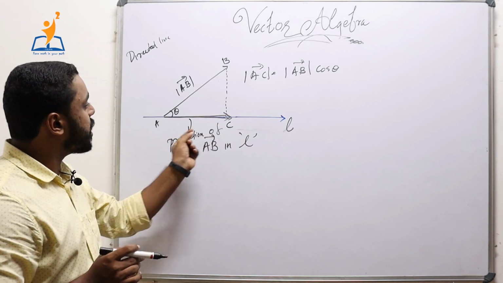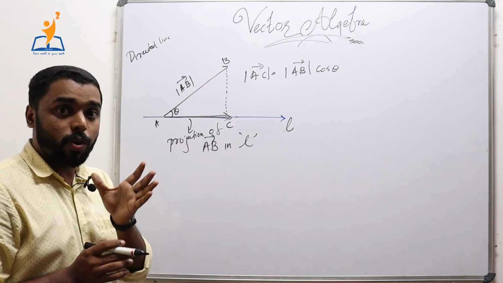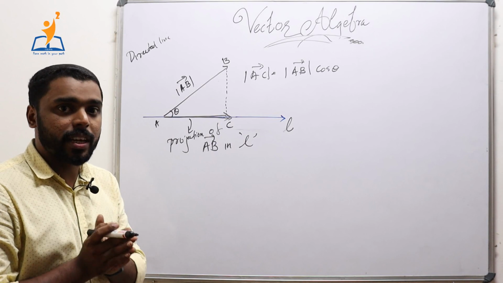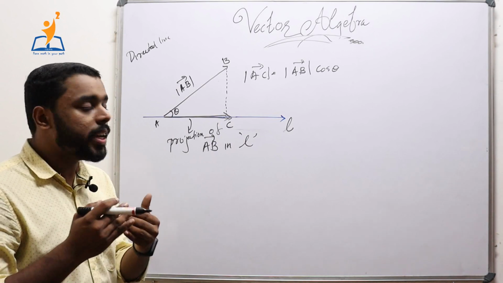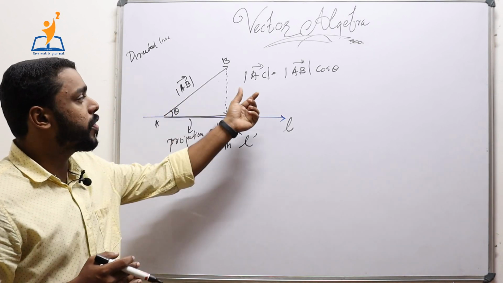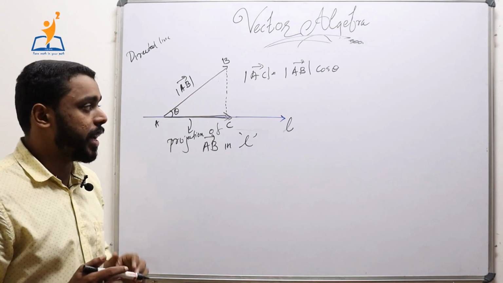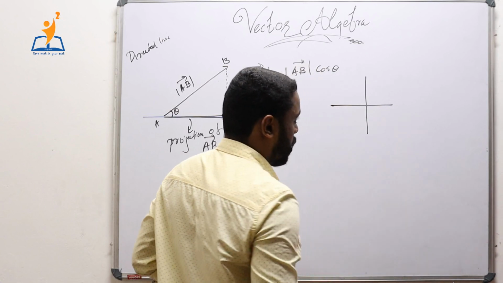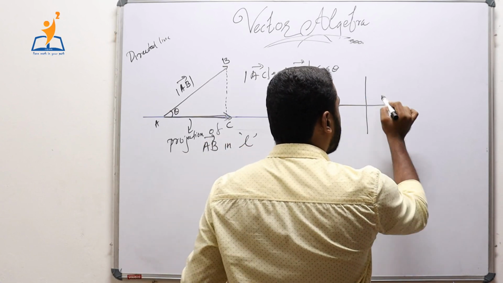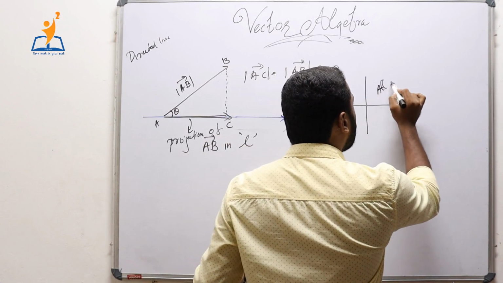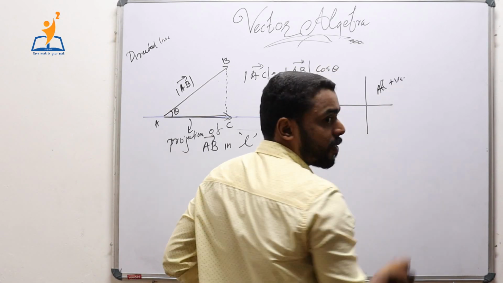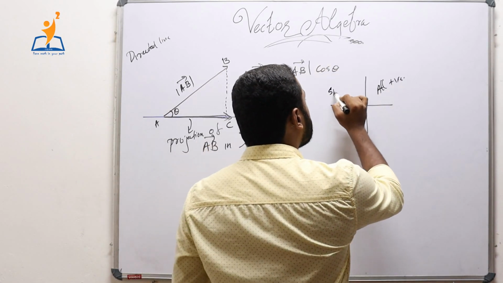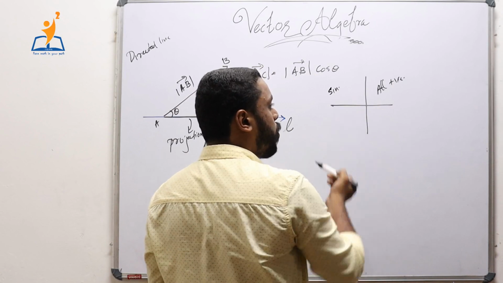And the direction of the projection of the vector changes according to the sign of the cos theta. Let me explain how. We know that in a coordinate plane system, or the quadrant system, here all the trigonometric ratios are positive. Here sine and its reciprocal are positive.